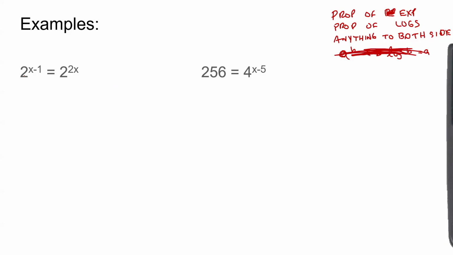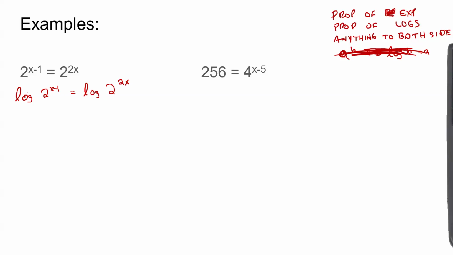Right here in this first one, I have base 2 and base 2. I don't really need the base 2. I need to get at this x minus 1 and the 2x. So one thing I could do here is the same thing to both sides. Namely, I could take the logarithm of both sides like that.